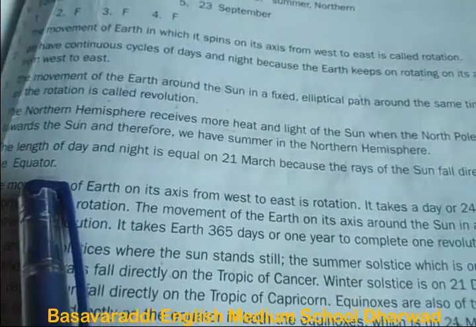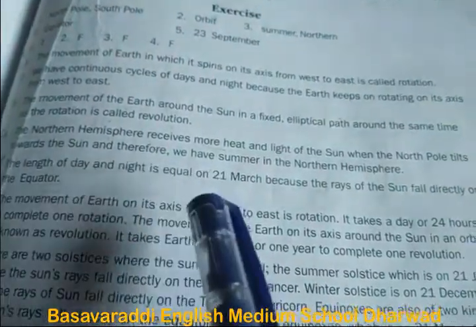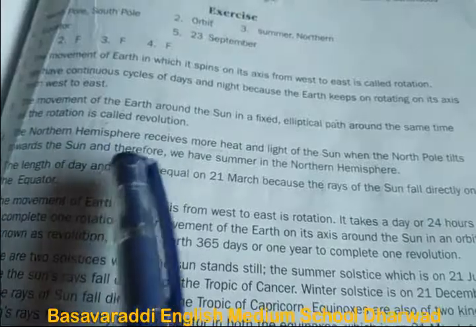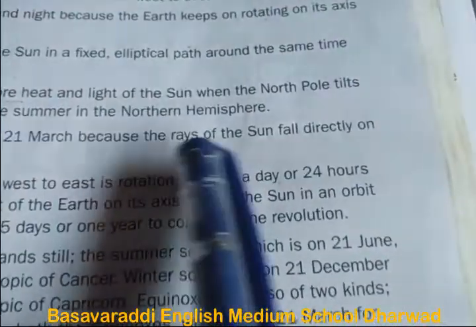If the sun rays fall directly on the equator, the length of the day and night is equal. The length of the day and night is equal on 21st March because the sun's rays fall directly on the equator.